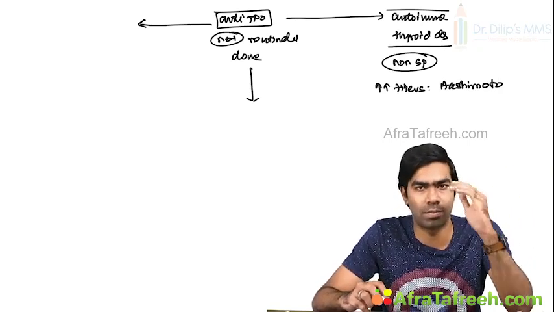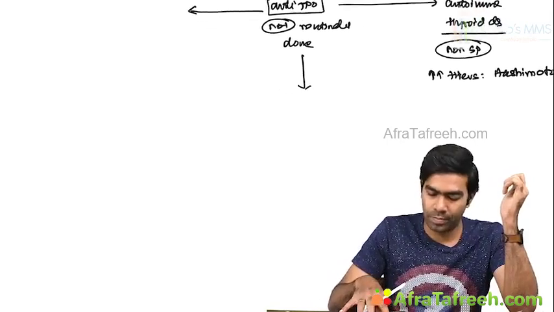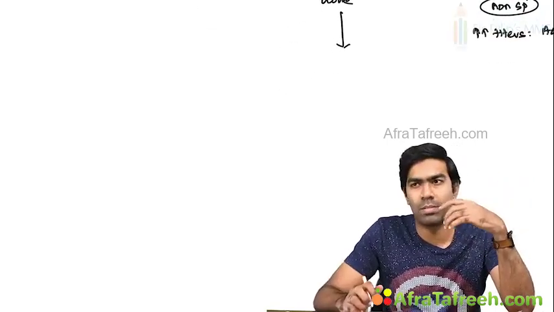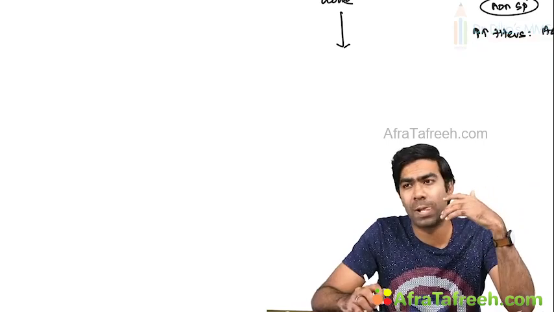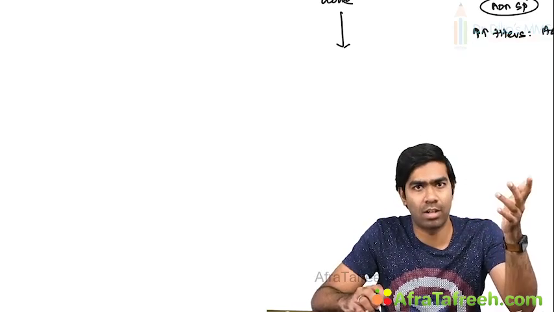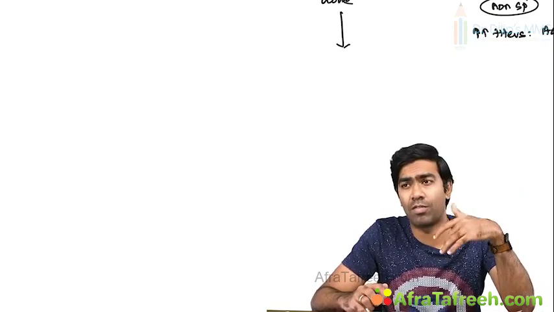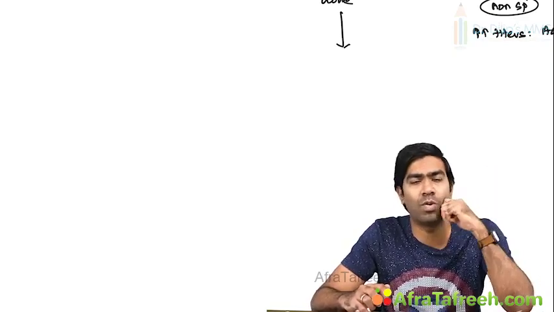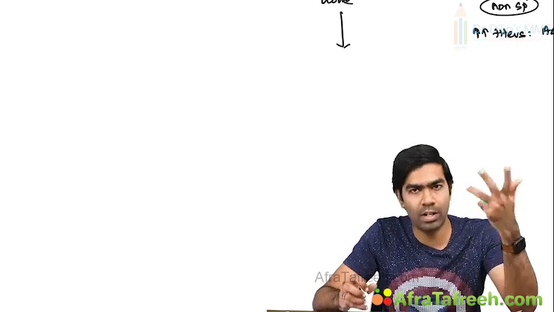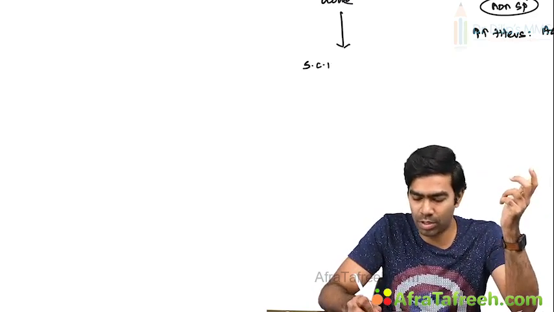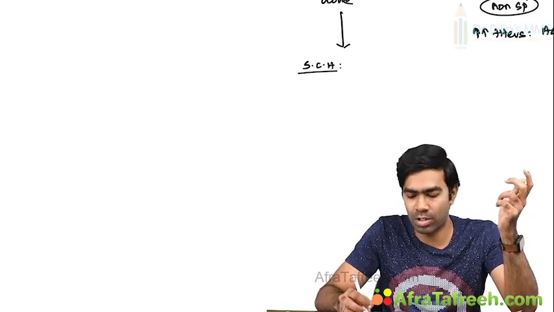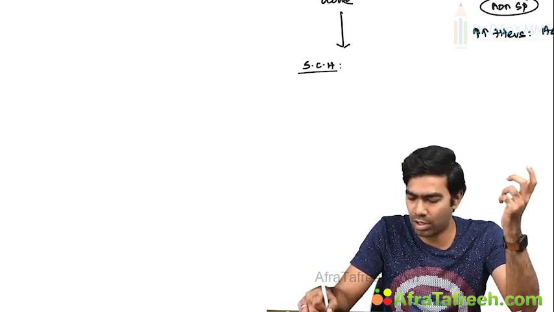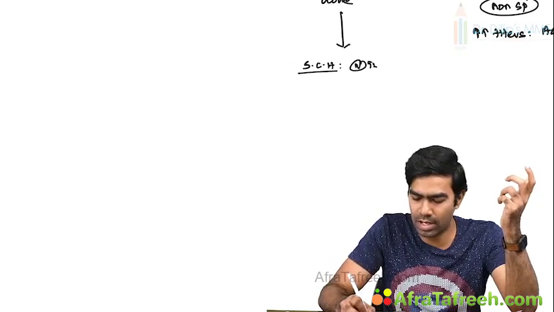Probably, but not confirmed. Then, second importance, presence of anti-TPO indicates there is an increased risk of conversion of a patient from subclinical hypothyroidism to overt hypothyroidism. First, let me tell you what the picture of subclinical hypothyroidism is. In subclinical hypothyroidism, usually they will have a normal T3 and T4, but a high TSH.